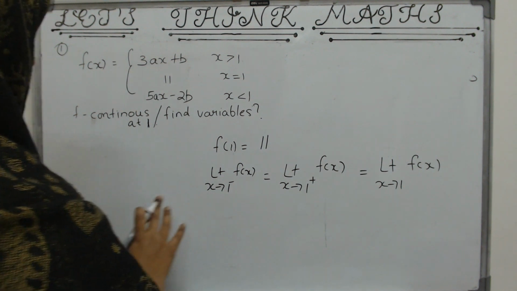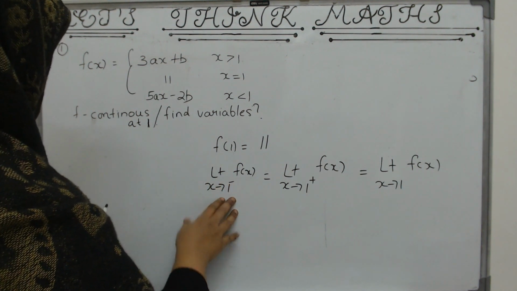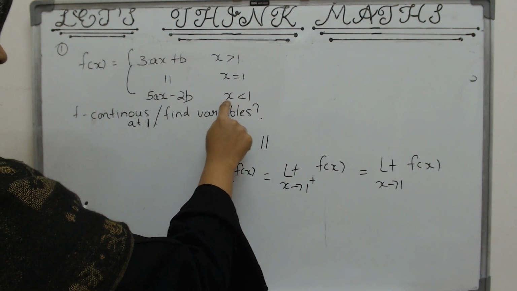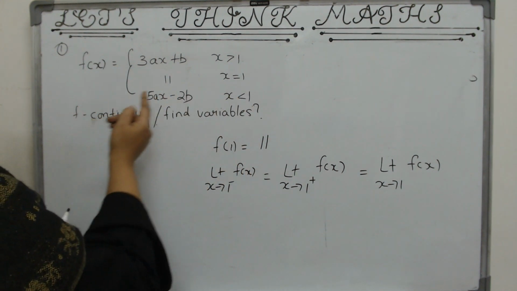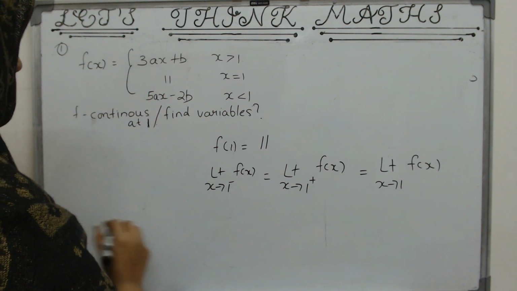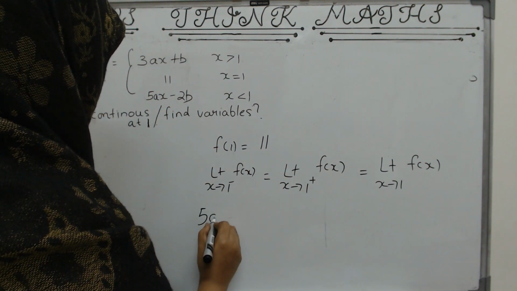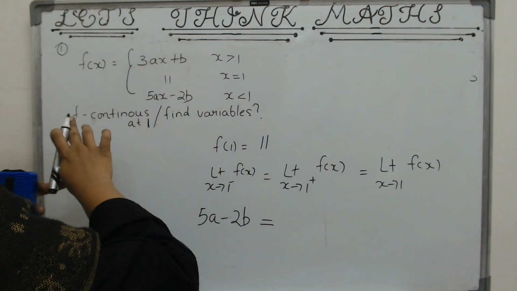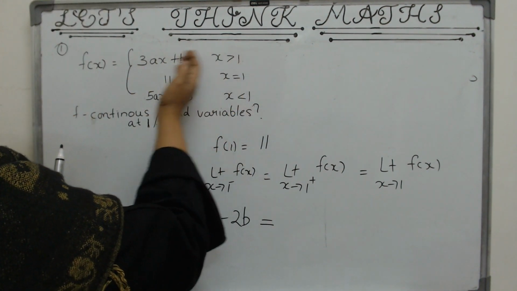So when x approaches 1, from the values less than 1, here, see, these are the values which are less than 1. Then what happens? Substitute 1 here, you get 5a minus 2b. Now, these are the values where x is greater than 1.